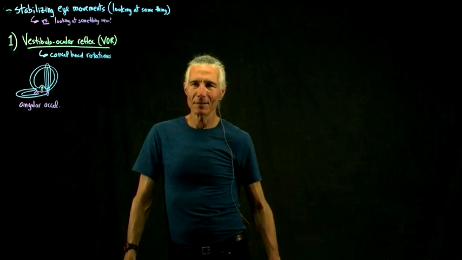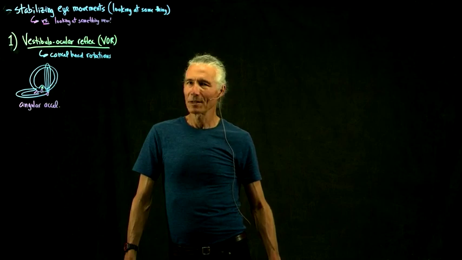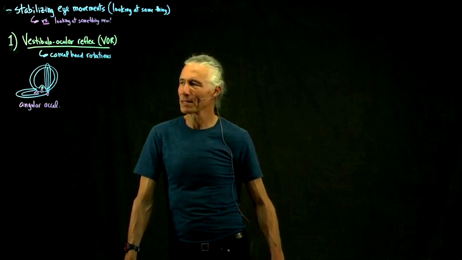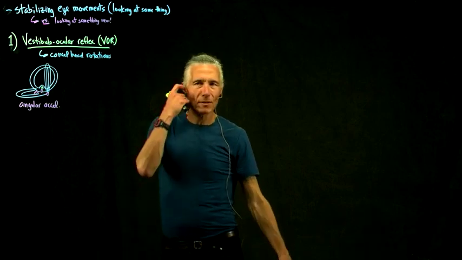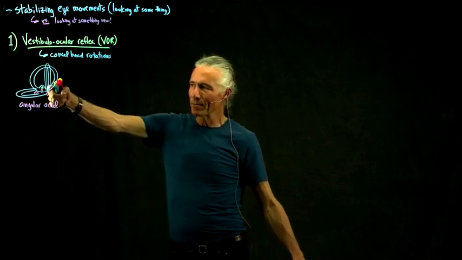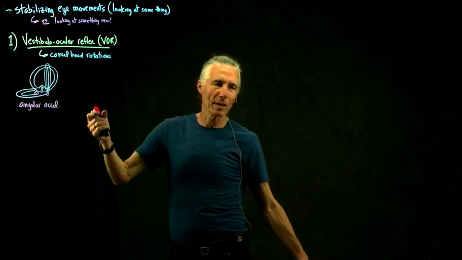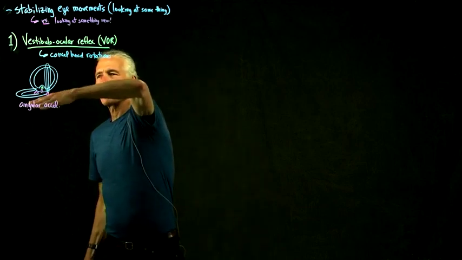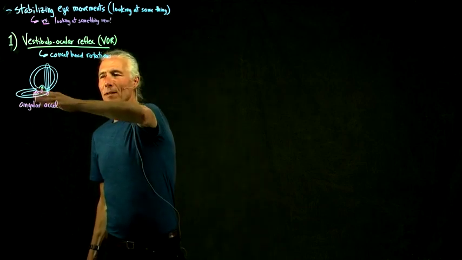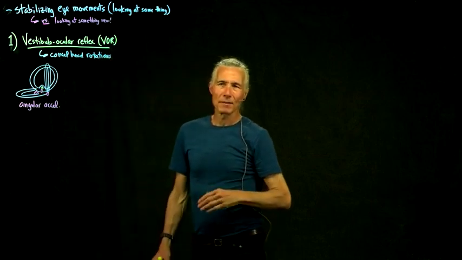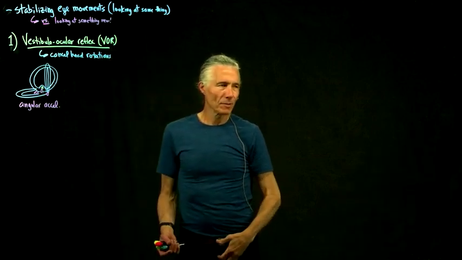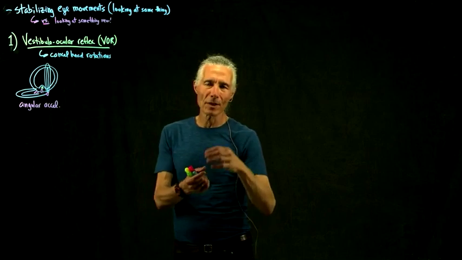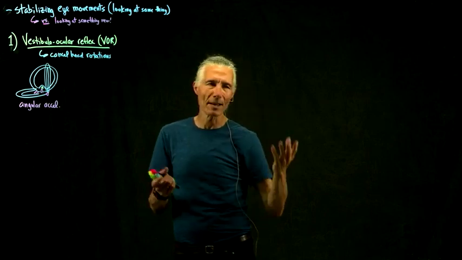Because obviously you don't just go around with just X and Y movements. So in general, a general head rotation is going to give a little bit of a signal from all 3. Because if you don't rotate in the horizontal plane, but you rotate a little bit off the horizontal plane, the horizontal semicircular canal is still going to give you a signal. So in general, you're going to get 3 signals for almost any head rotation.